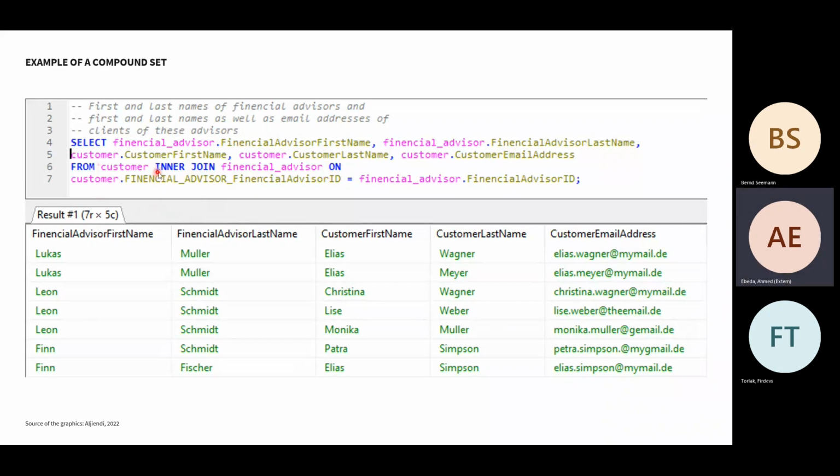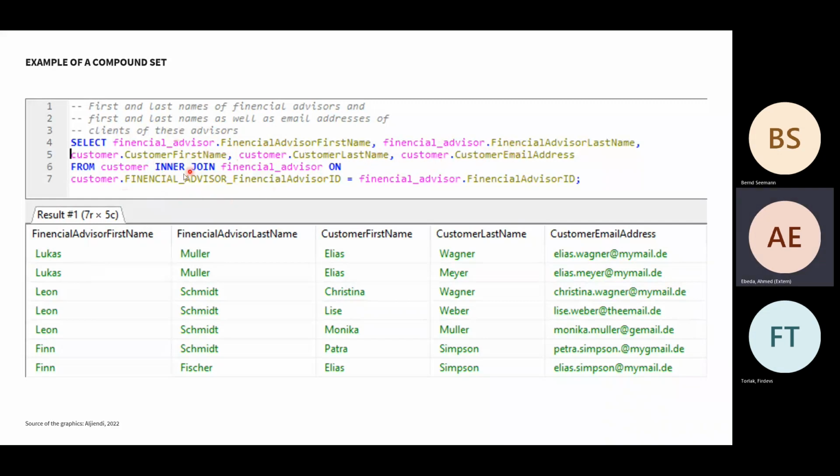If and only if the financial advisor ID equals the financial advisor ID, like the foreign key in customer equals the primary key in financial advisor, in that case it will select every column from these 1, 2, 3, 4, 5, based on what?